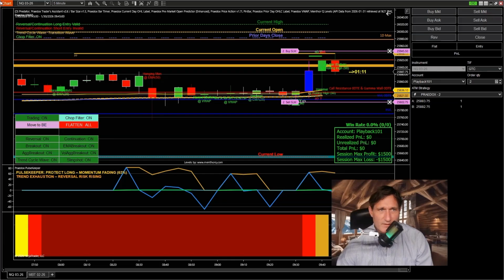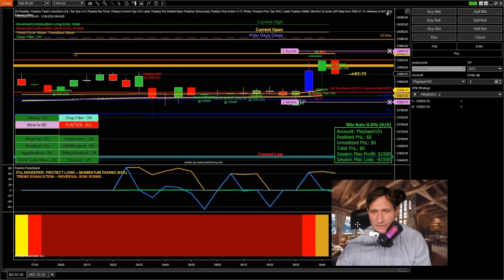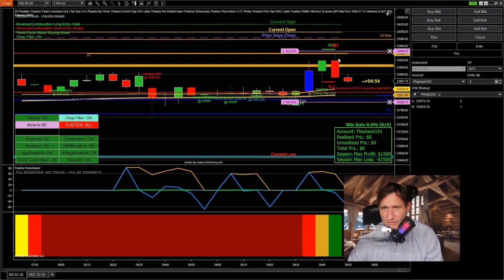If you're looking at a range, I like to trade off the 5-minute now in the open for basically everything that I'm trading manually here. 5 minutes seems to be a sweet spot for me. I'll just show you how this plays out here. So we're looking at 9:40 coming up on 9:45.